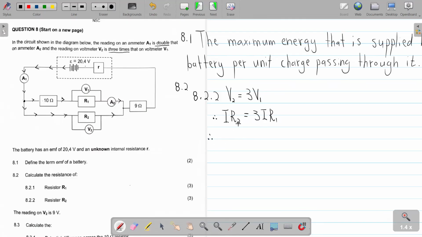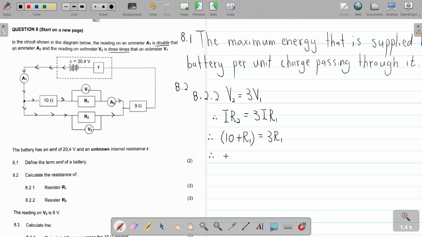Because the two currents are equal. The current passing through R1 and R2 are the same. So we then have R2, we said that R2 is equal to 10 plus R1 being equal to 3 R1.